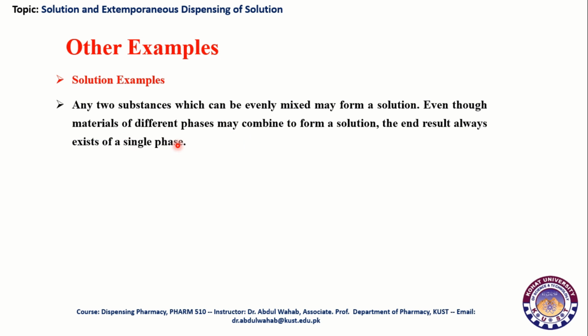If we combine two different components, as we have discussed, one is solute and the other one is solvent, the final form of this combination must be of a single phase.